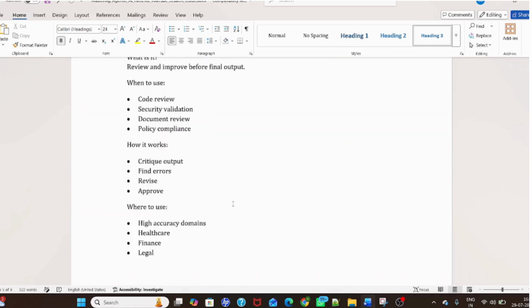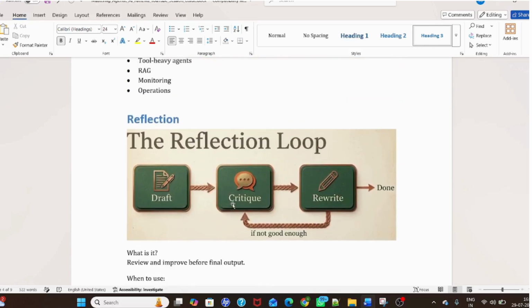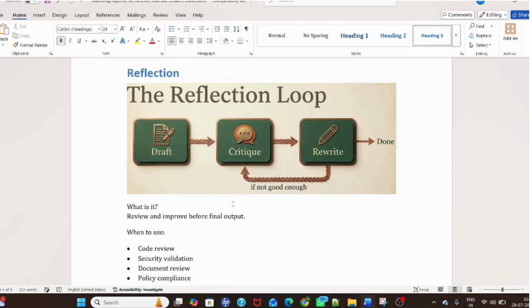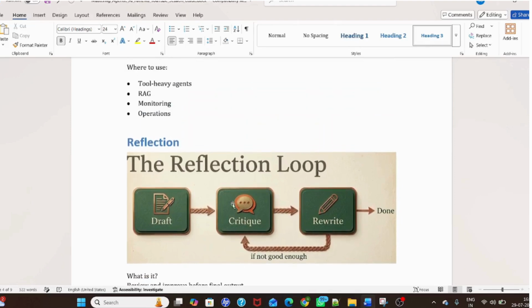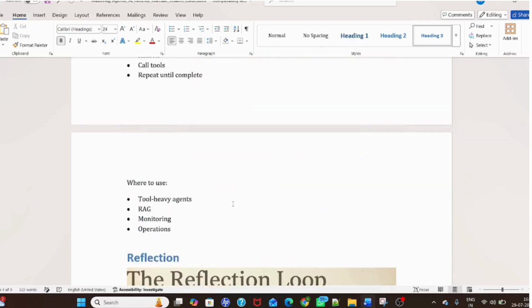There are others also, but these three are very important, right? Reflection, ReAct. So reflection, where you would use it in healthcare, you will do it in one shot, two shot, three shot. First you will do a draft copy, then you will take a suggestion and do it again. That is good for reflection.